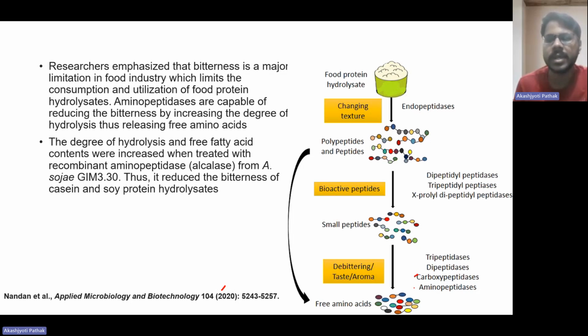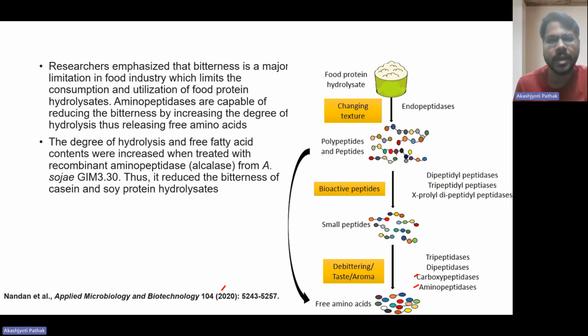Now these peptidases are very specific as they act at specific locations in the amino acid chain. There are specific amino acid residues which are recognized by the carboxypeptidases and aminopeptidases, and some of these peptidases act at the N terminal of a particular amino acid, some act at the C terminal.